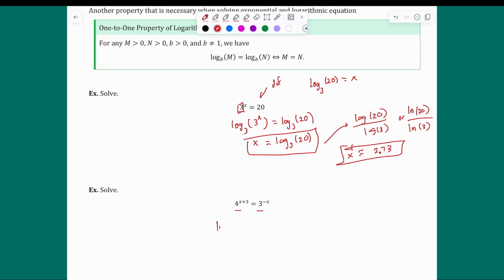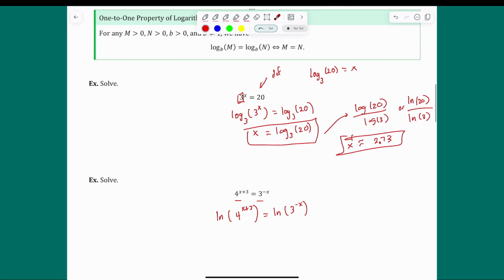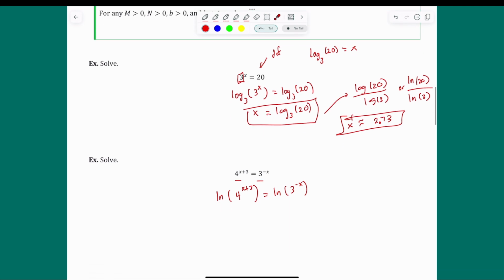I'm going to take the natural log on both sides to get ln of 4 to the x plus 3 equals ln of 3 to the negative x, right? Once again, that's just using this property, we have m equals n and working our way backwards this way. All right, so then now we could apply, say, the power rule for this equation, right? The exponent comes in front here, and so what do we have when we do that?